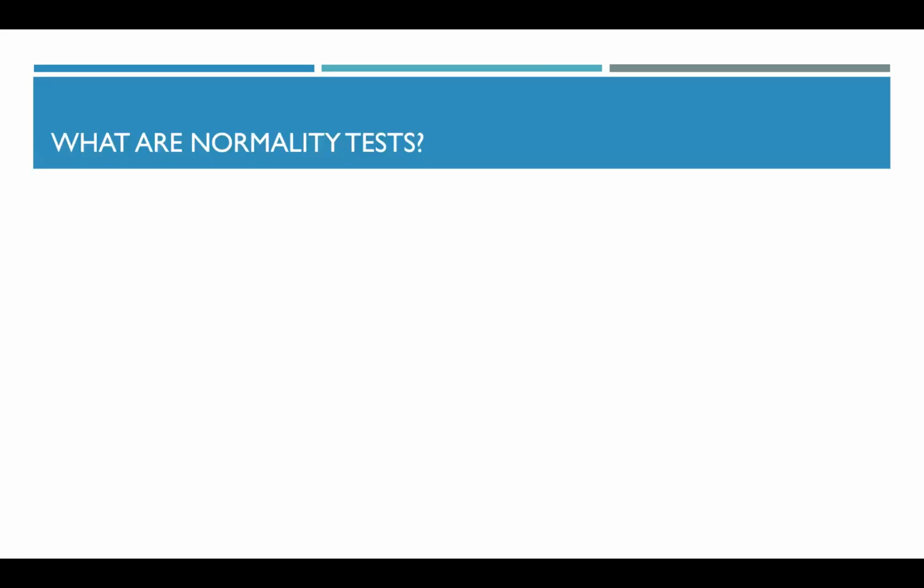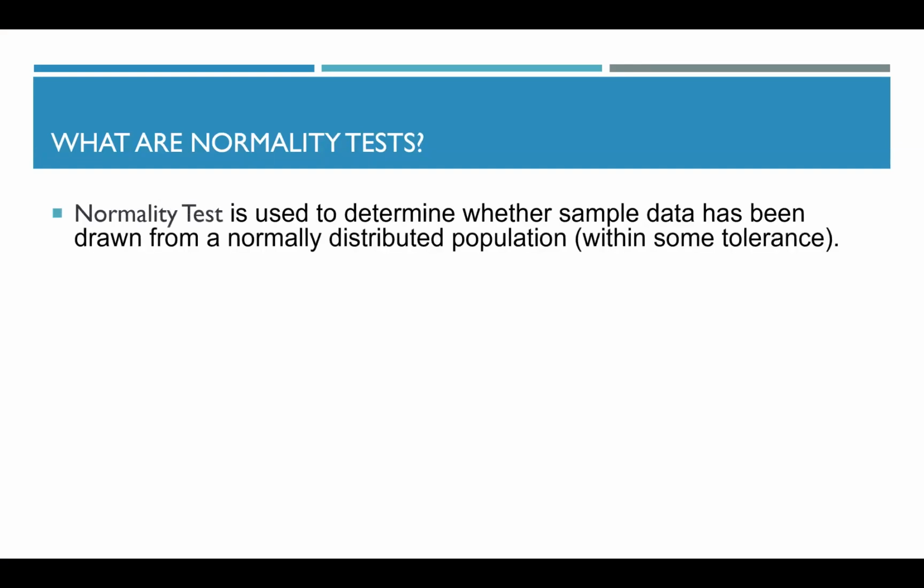Okay, so what are normality tests? It's actually a test, not plural. The normality test is used to determine whether the sample data has been drawn or collected from a normally distributed population with some tolerance.